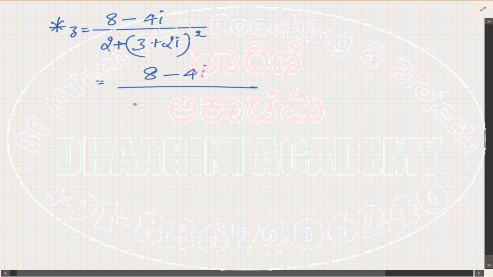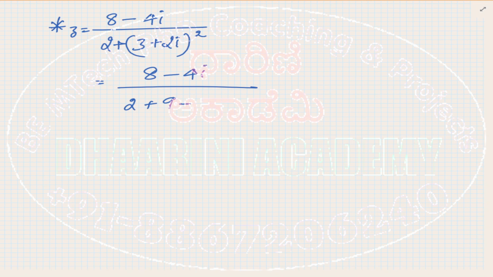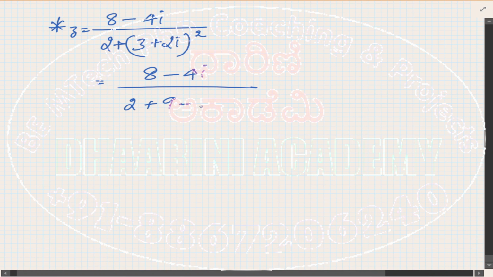First simplify the denominator. This is a plus b whole square: a square, 3 square is 9. Then we have plus b square, that is 2 square is 4 into i square is minus 1, so this is minus 4. Then 2ab, so 2 into 3 into 2, that is plus 12i. This is the term now.